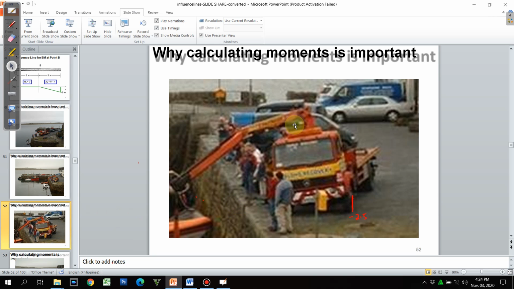As you can see, because of the moment effect, your truck will tend to rotate or overturn, starting to overturn towards that direction.